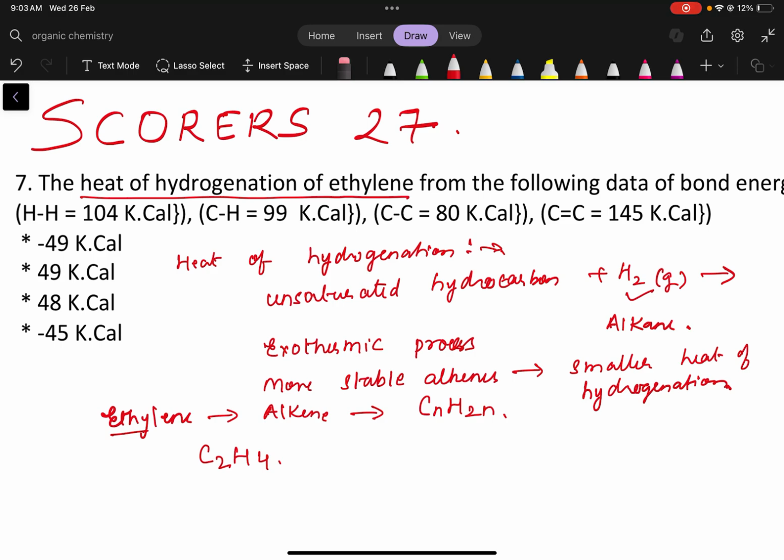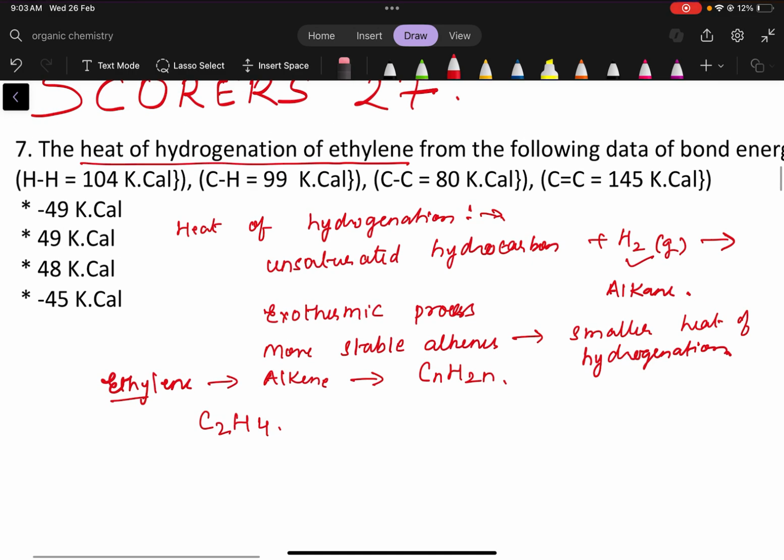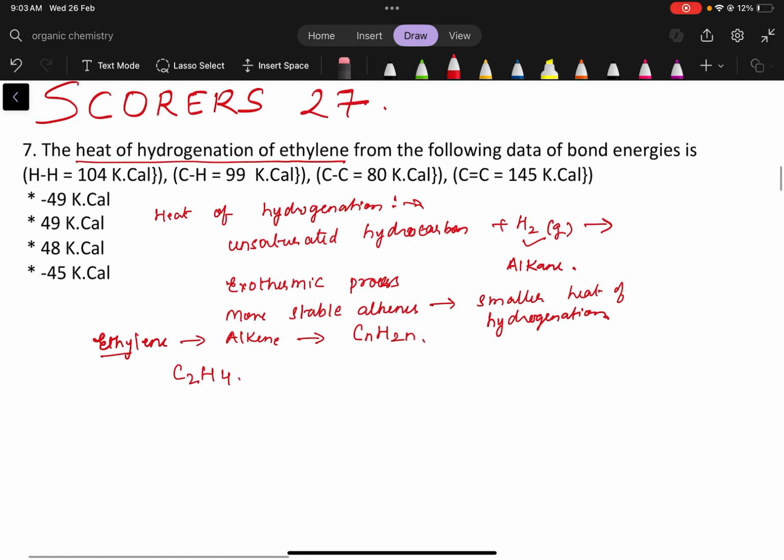Now let us write the molecular structure of ethylene: C double bond C, with single bonds to H, H, H, H. That comes to C2H4 plus H2, that is H single bond H. It gives an alkane, that is ethane.